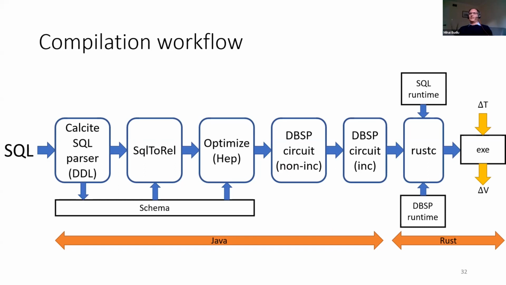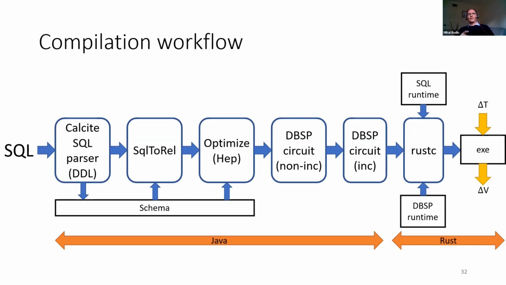And then we incrementalize the circuit using this recursive traversal, where we replace essentially each operator with this incremental version. This outputs a Rust source file, which is compiled using the Rust compiler, using the DBSP runtime, which implements all these streaming operators. And then we also link it with the SQL runtime library, which implements the semantics of all the SQL built-in functions and operators.